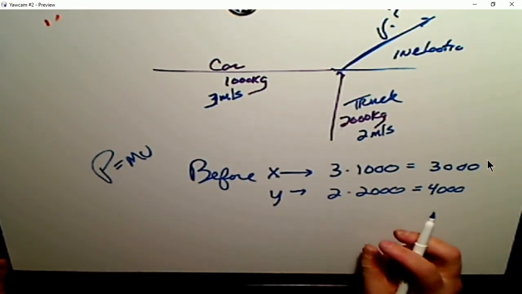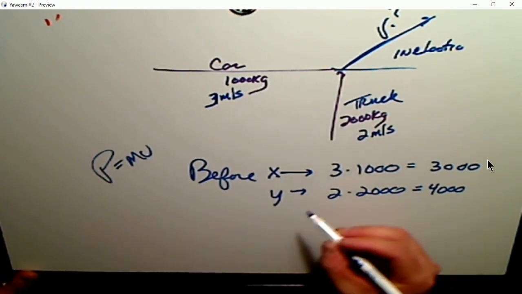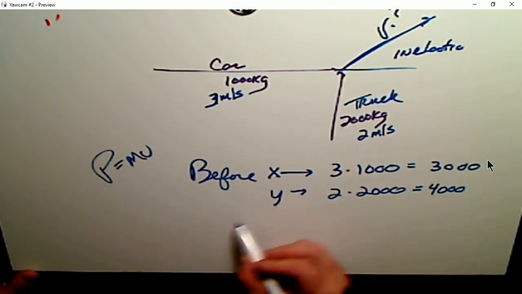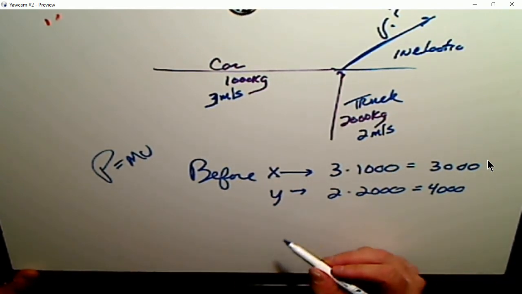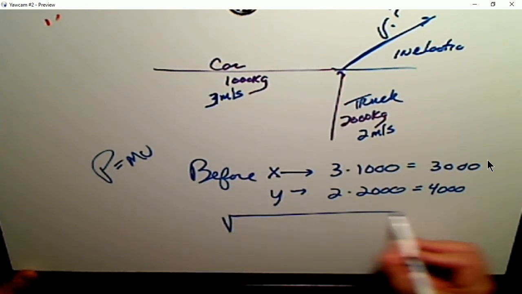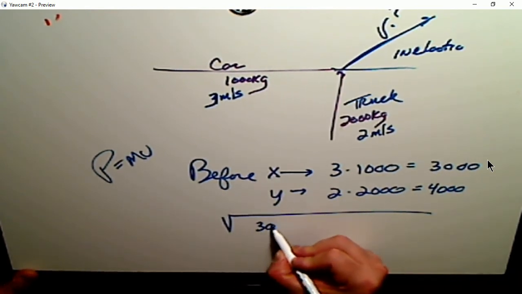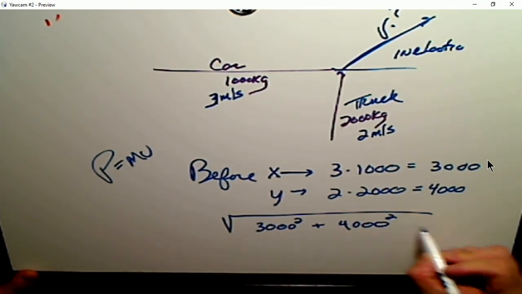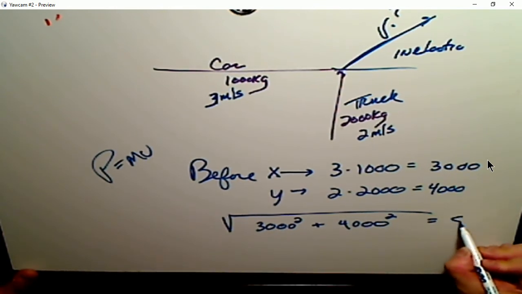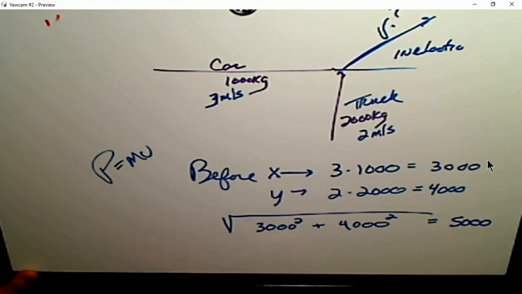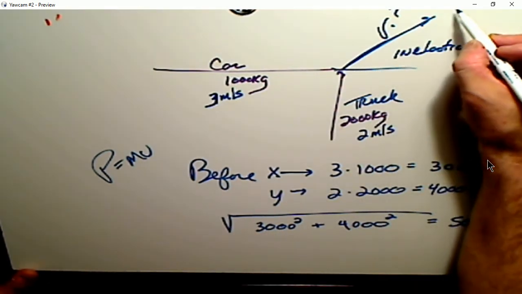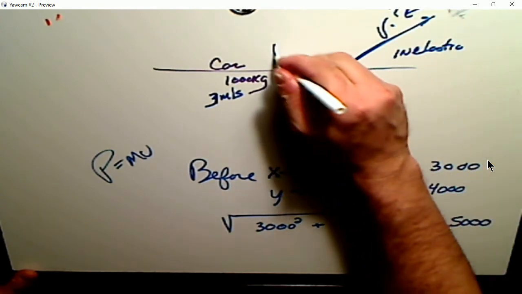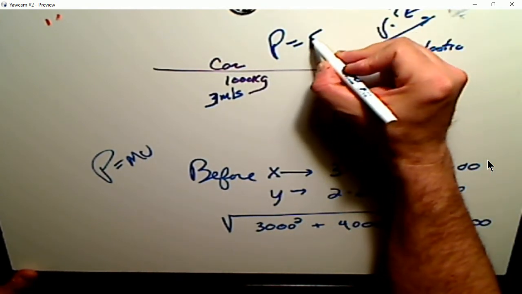Now, knowing your vector algebra, of course, we can't just add those together. Those are vectors. So the momentum before has an x and a y component. 3,000 squared plus 4,000 squared. Take the square root, and it's going to give me 5,000. The magnitude of this vector here, the momentum, is 5,000.